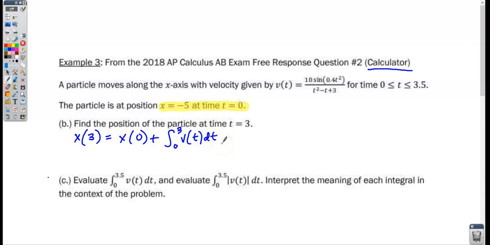And so the way we're going to calculate this, x of 3 is going to be equal to x of 0, which is -5, plus the integral from 0 to 3 of this velocity function.